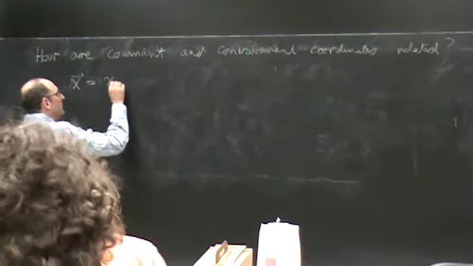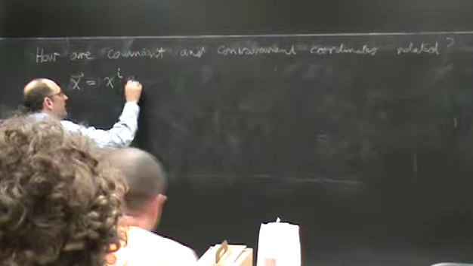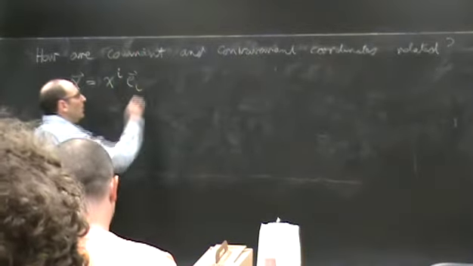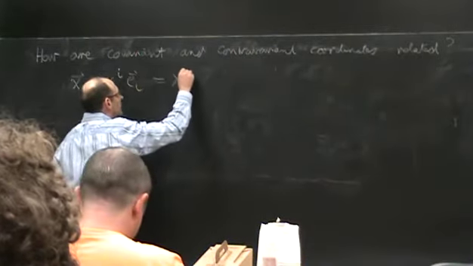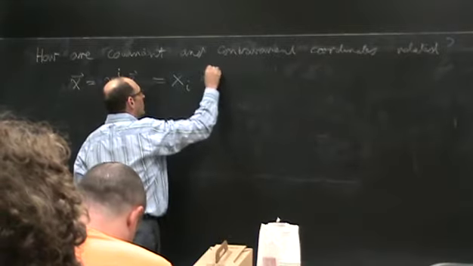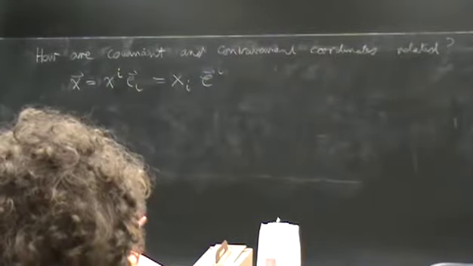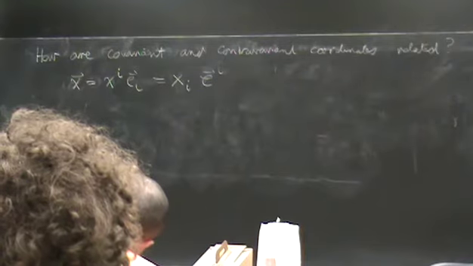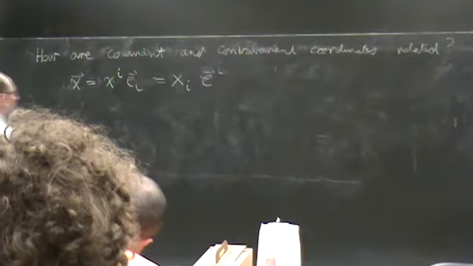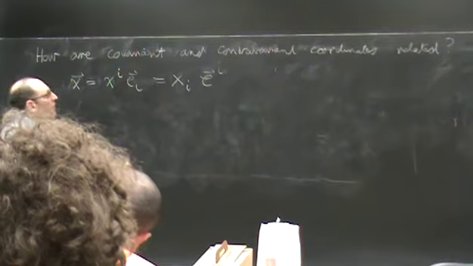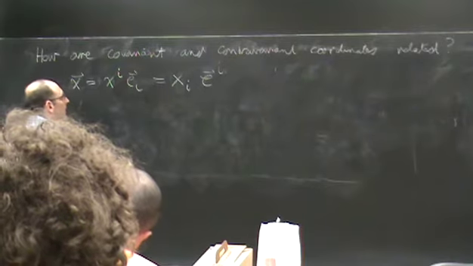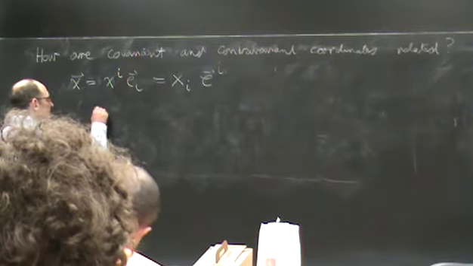It can be decomposed in terms of its contravariant coordinates, or it can be decomposed in terms of its covariant components with respect to the dual basis. Now let's suppose I take the dot product of this with respect to the basis vector E sub j.